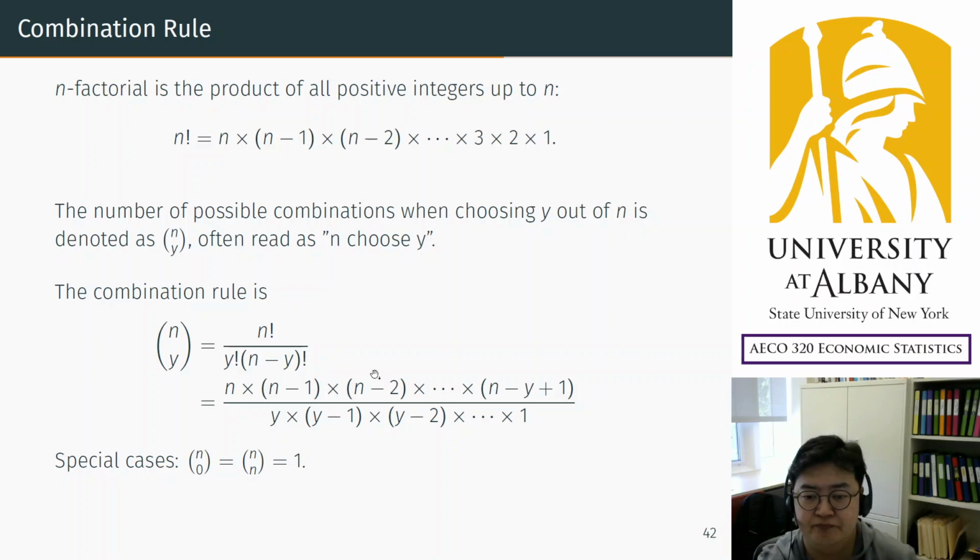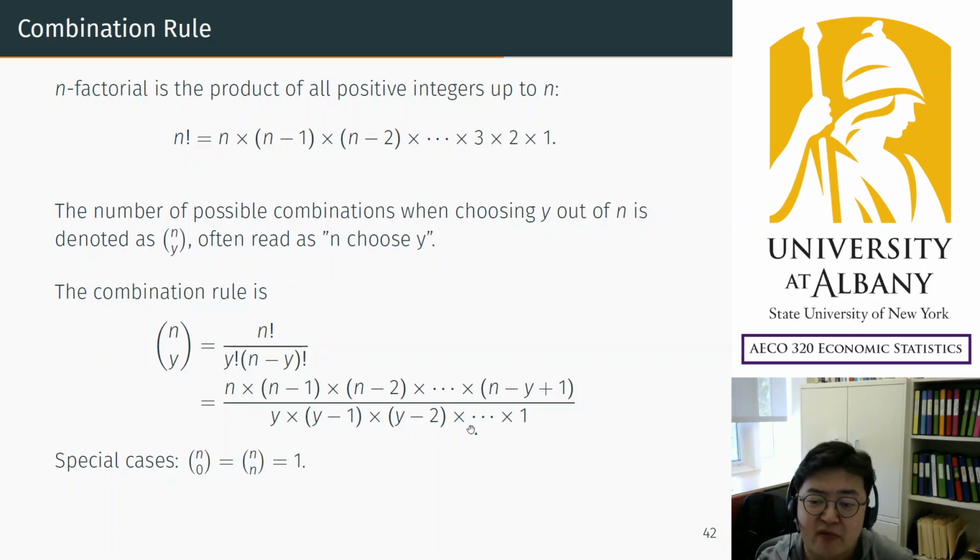And then what you have here is, I'd say it this way. In the denominator, if you cancel out this failure factorial with the numerator, then in the denominator you only have success factorial. Y is the number of successes, so multiply y down to 1.